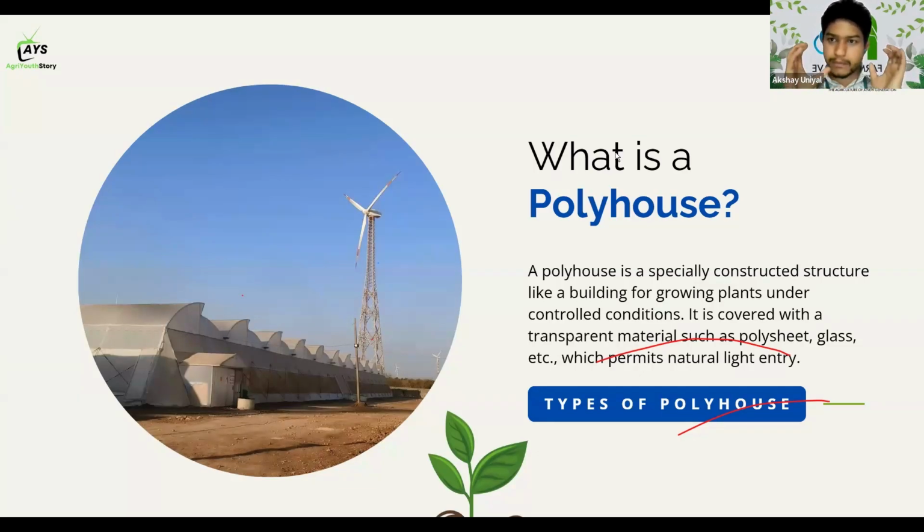Secondly, they require a very controlled environment where we can control the humidity and temperature to a certain extent. We can lower it or increase it also. Now for this, we have a polyhouse. A polyhouse is nothing but, you must have read about greenhouses, the greenhouse effect. You must have heard about it.